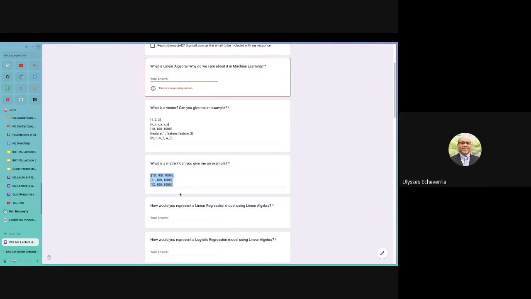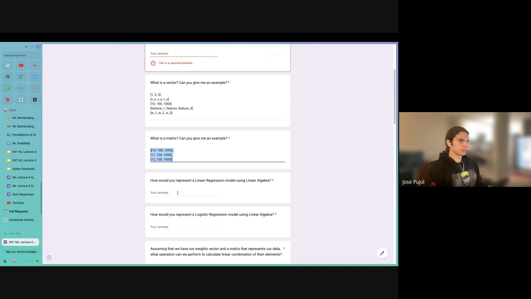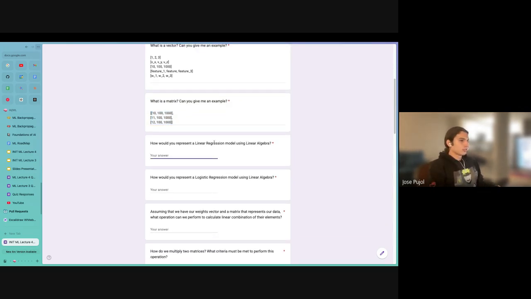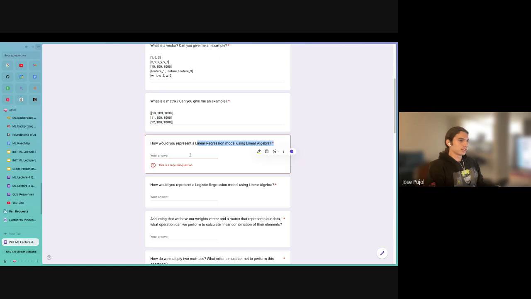Okay. Was there anything that you all struggled on, like on those questions? Okay. How do you represent a linear regression model using linear algebra? This is actually fairly simple.